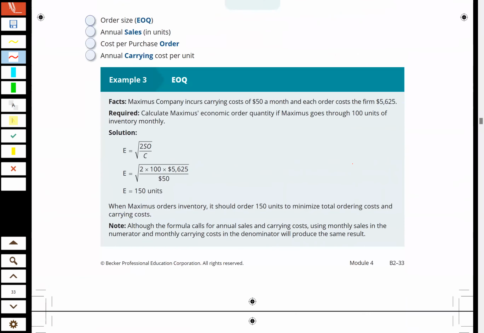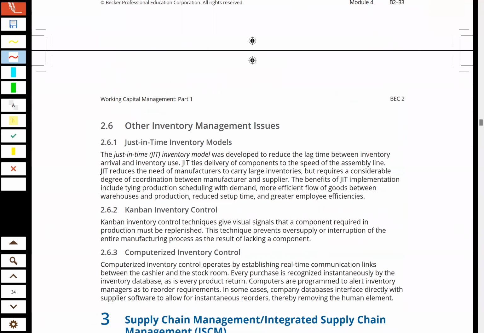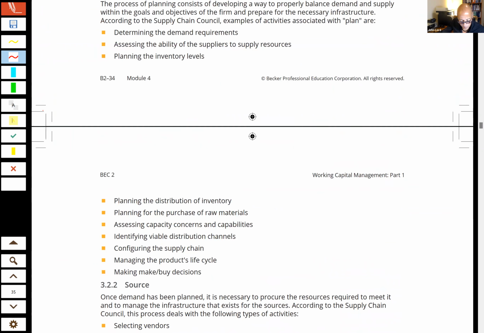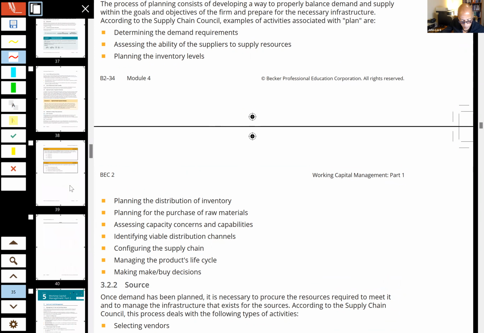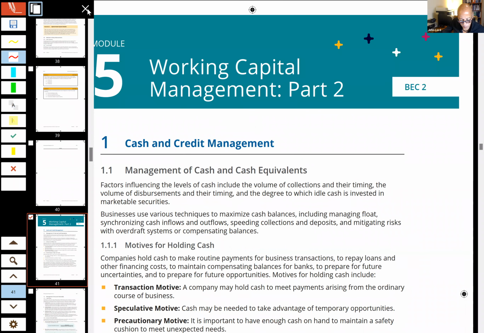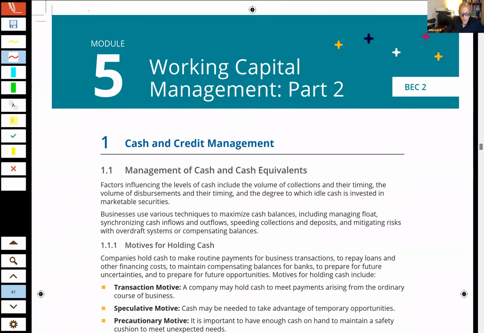Should be page 41. 41. Okay, I'm going to get there. Oh no, I can do it this way. Yeah, okay. 41, you said? Yes. Okay, thank you. Okay, good.